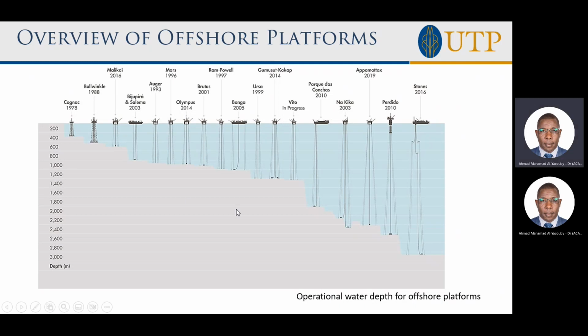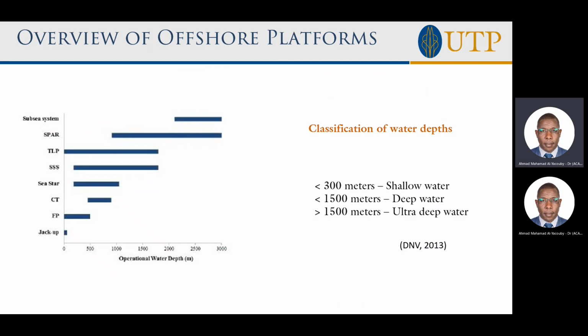The operational water depths of the different types of platform vary depending on the location and also depending on their type. So fixed platforms can only operate in shallow water, while floating platforms can operate in deep ocean. So what do we mean by classification of water depth? This is the simple classification of water depth.